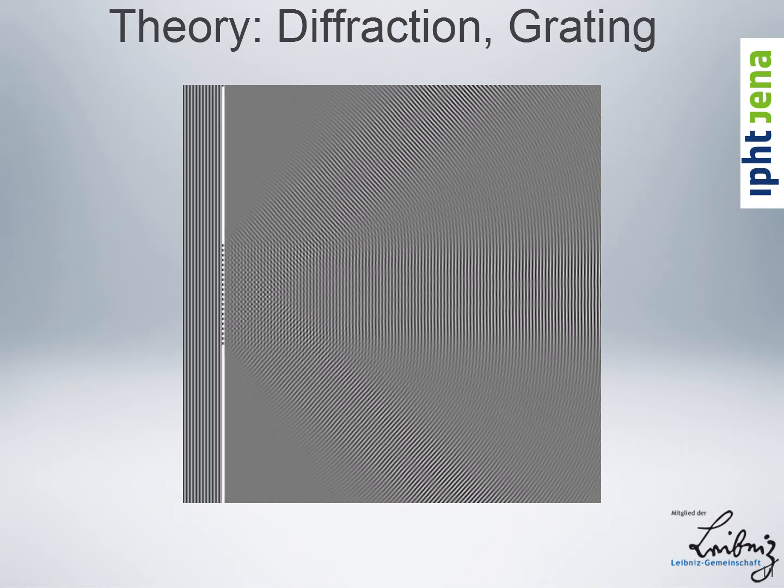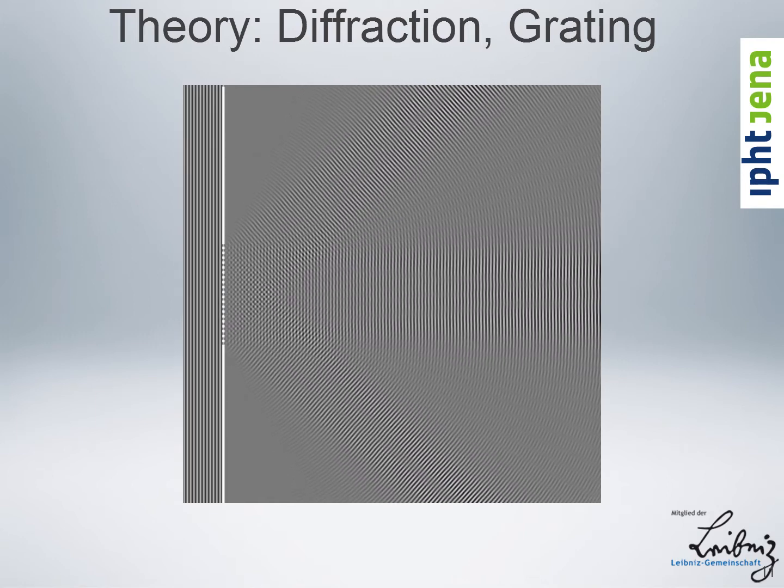One is more or less the unperturbed original wave that went to these holes. And this is called the 0 order, the direct transmission. However, there's also another wave that goes in the diagonal here and another wave here, which of course are the plus and minus first diffraction order.